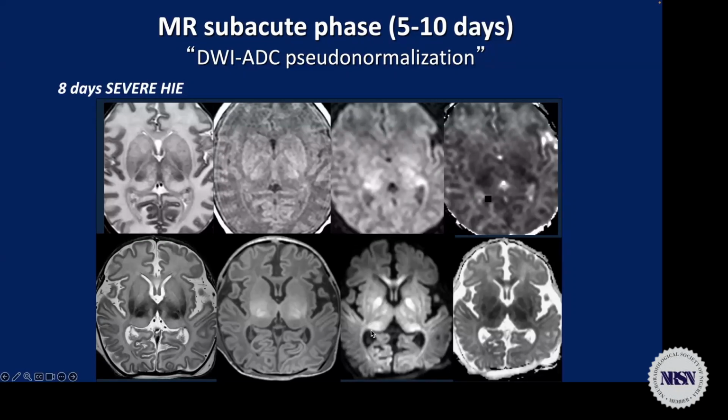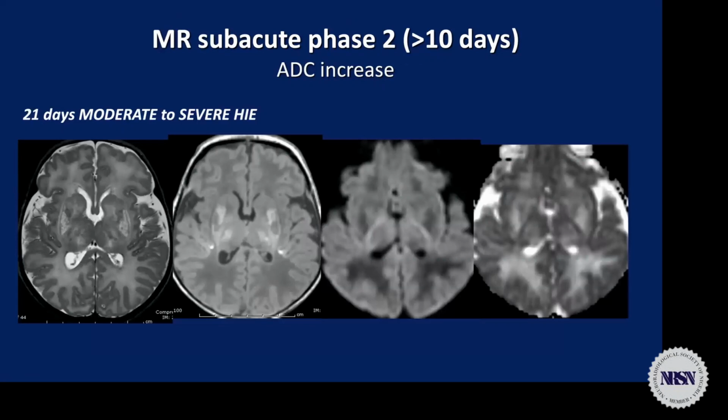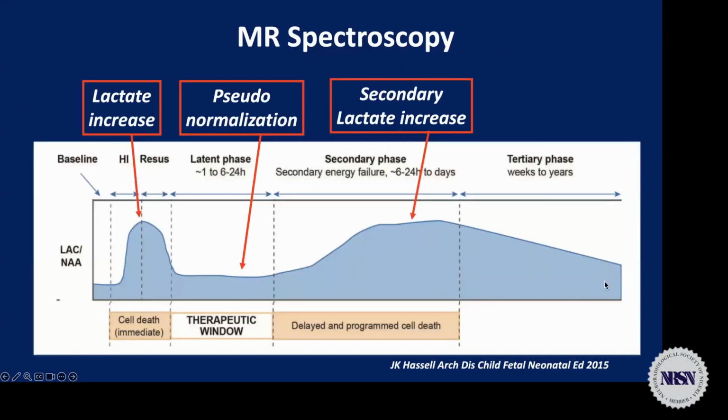In this case, there is still some area in which you can find a diffusion restriction, but at this time we usually have a pseudo-normalization that progressively becomes an ADC increase. In the chronic phase, you have this porencephalic malacic area, and of course, this corresponds to an increase in ADC.